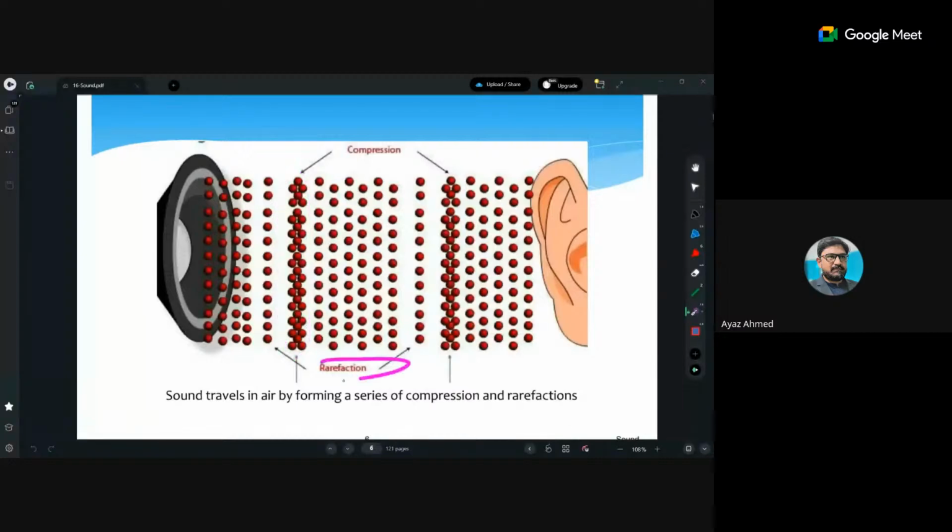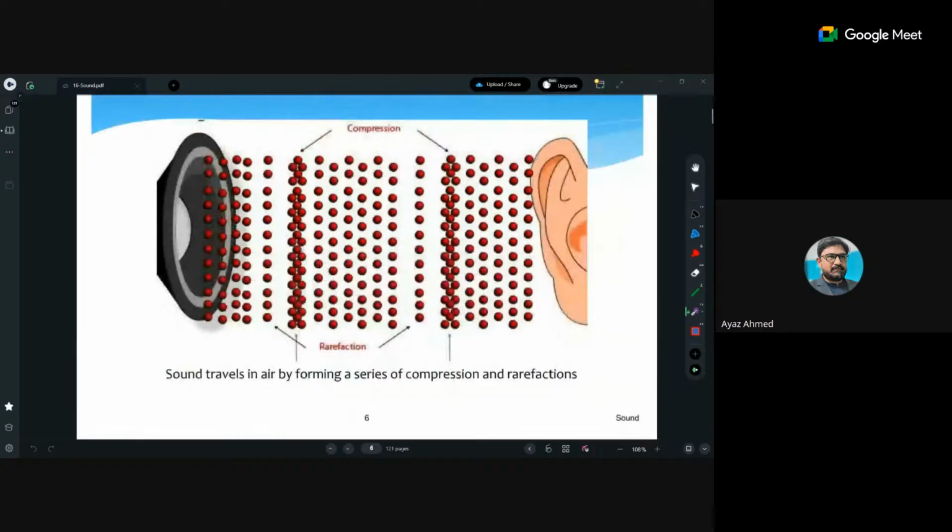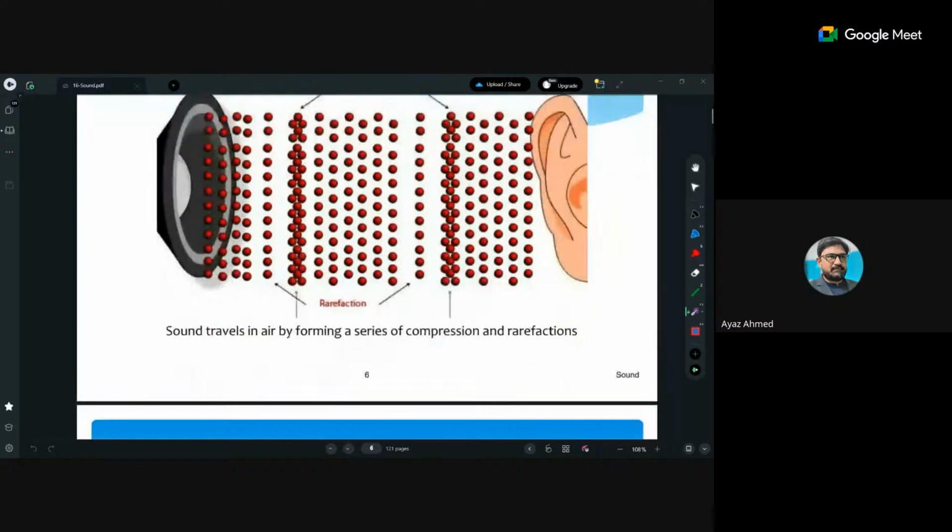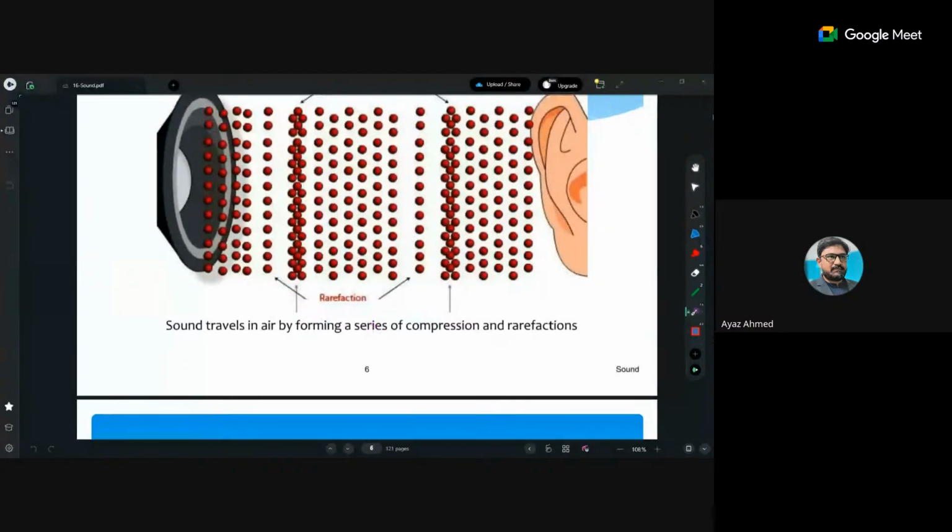And in this area, the particles are getting apart, so here the pressure is less. That's why it is called rarefaction. And then again compression. So this energy is being transferred in the form of compressions and rarefactions. So the distance between the centers of two consecutive compressions is called your wavelength. So this was what we have discussed.